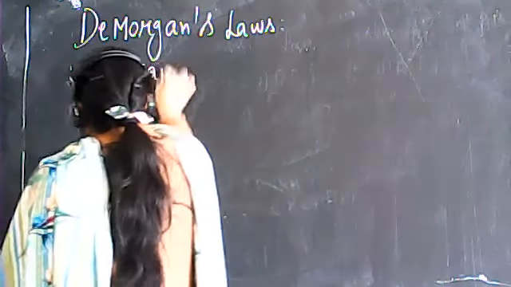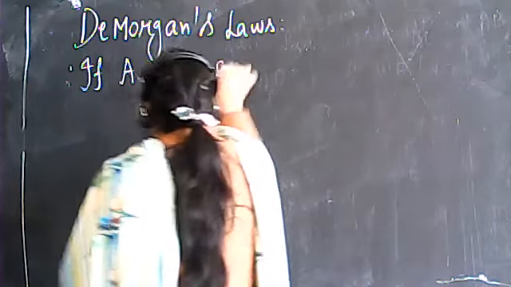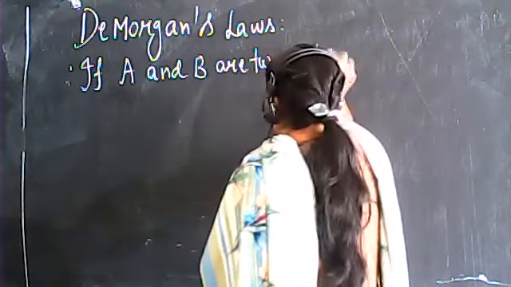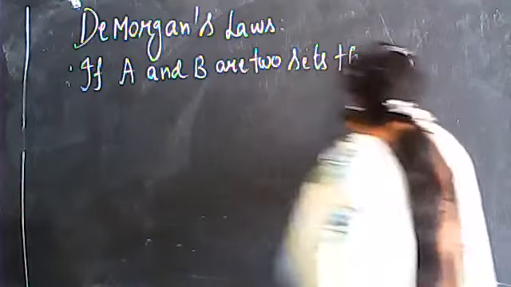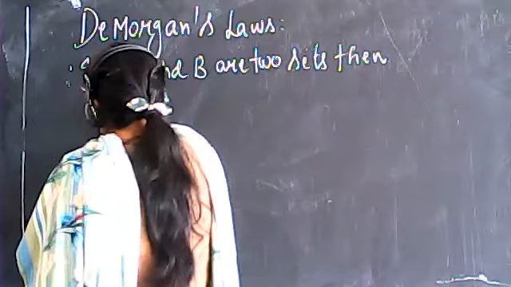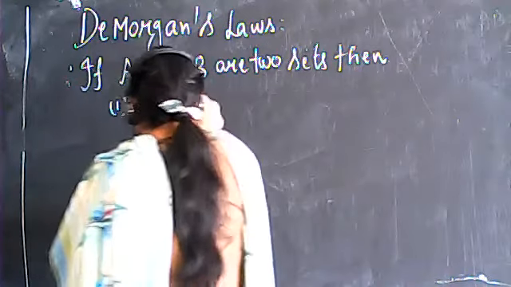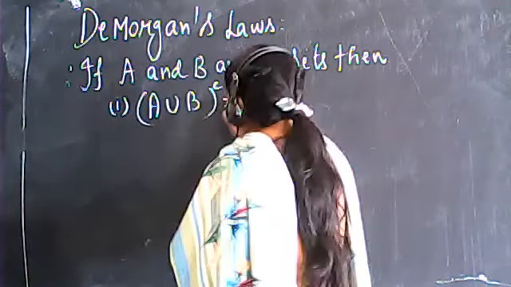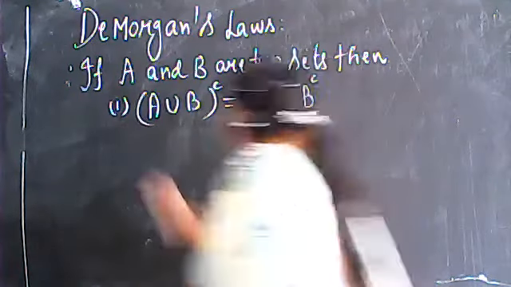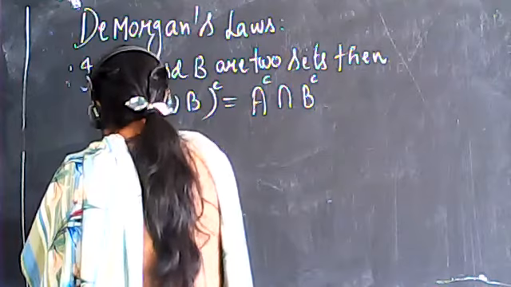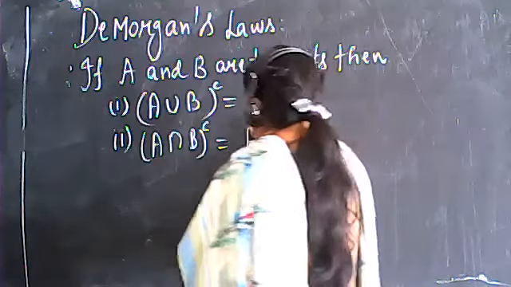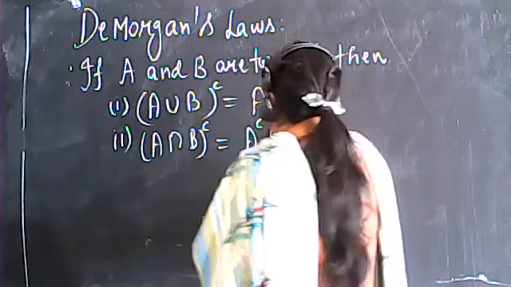If A and B are two sets, then number one, (A union B) complement is equal to A complement intersection B complement, and second part, (A intersection B) complement is equal to A complement union B complement.